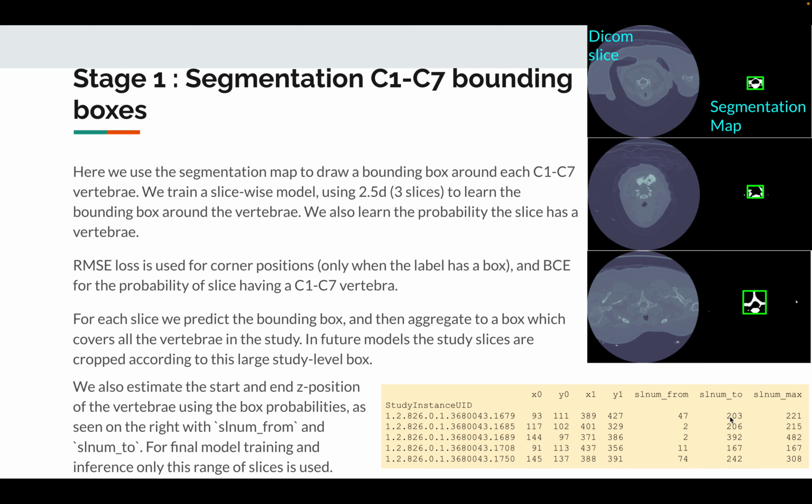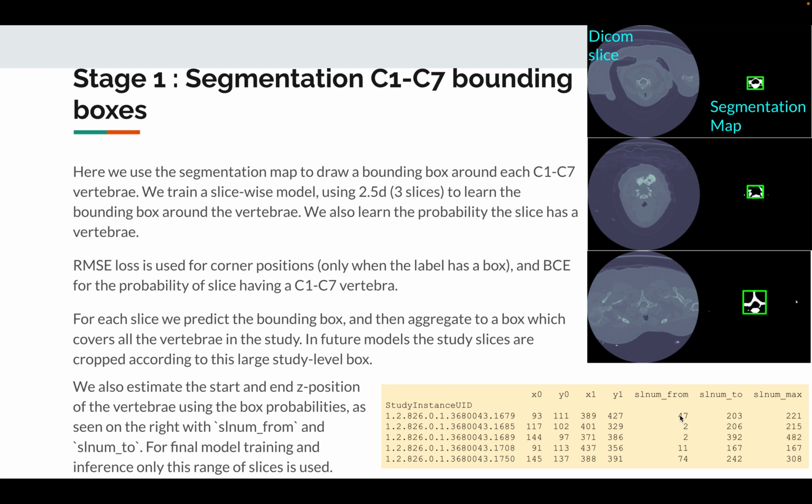So no C1 to 7 vertebrae. In the final stage of training and for inference, we ignore the slices before that period and after that period, because it's just giving noise to the model.